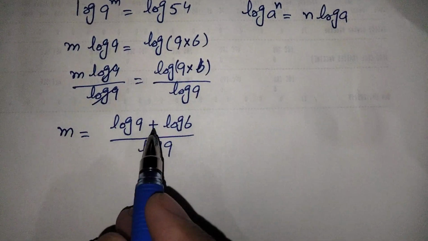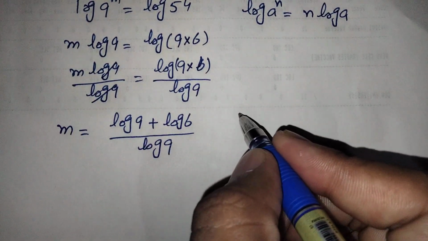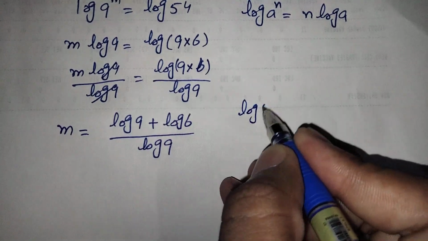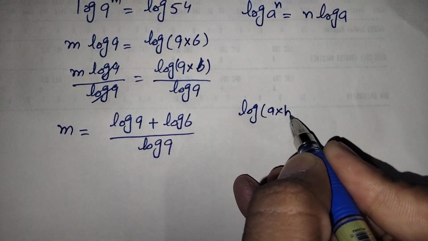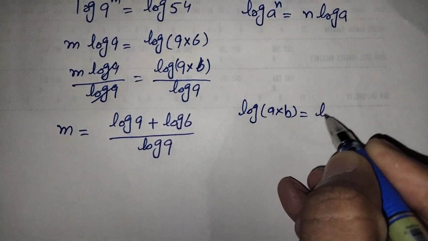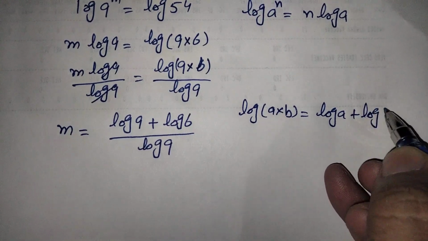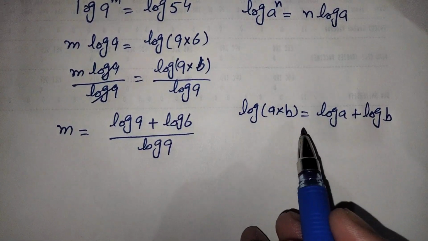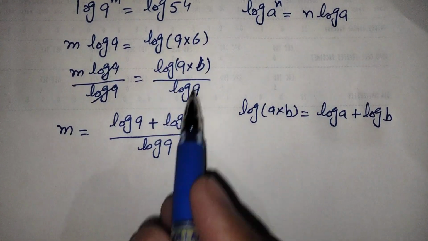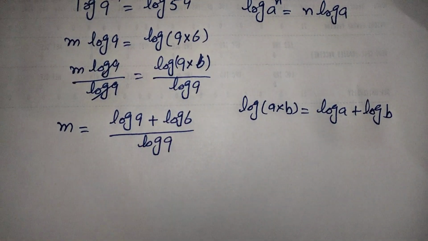Here we use a logarithmic formula, which is given as log of a into b is equal to log of a plus log of b. So using this formula we rewrite log of 9 into 6 as log of 9 plus log of 6.